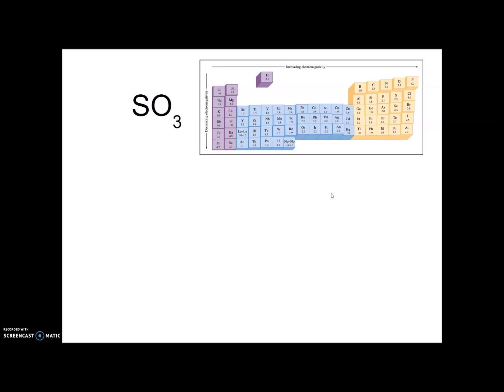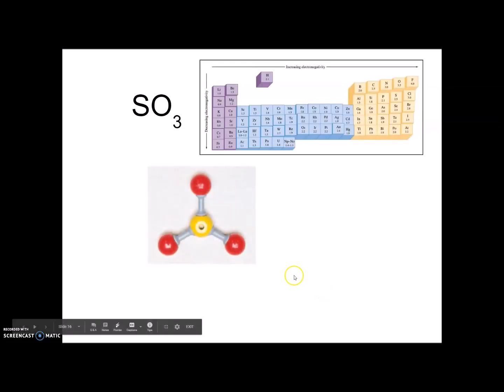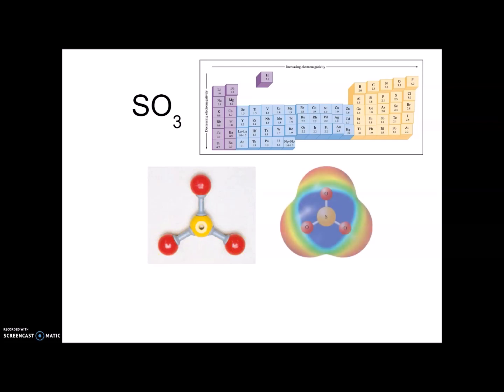Now, when we take a look at this molecule, the shape matters. I don't expect you to be able to come up with the shape of the molecule just yet, but we will shortly be able to do that. Sulfur trioxide is a triangular molecule within a plane. It all exists in one plane. There's a central sulfur atom indicated yellow here, and three oxygen atoms oriented 120 degrees apart, pointing to the vertices of a triangle.